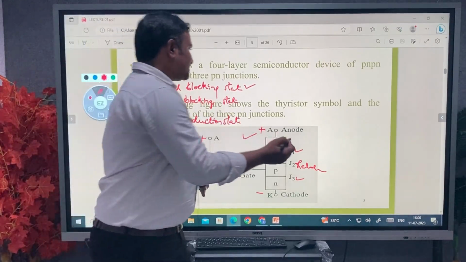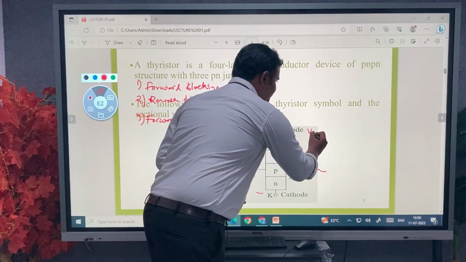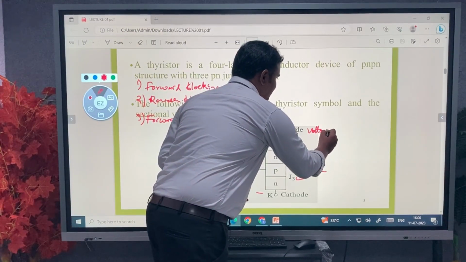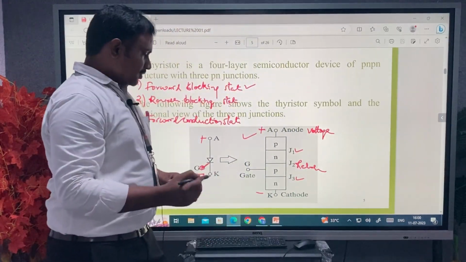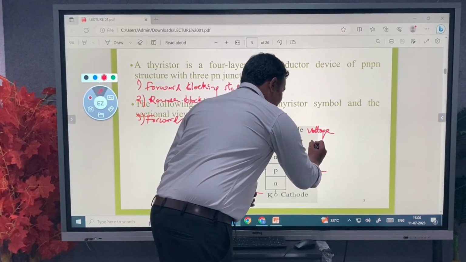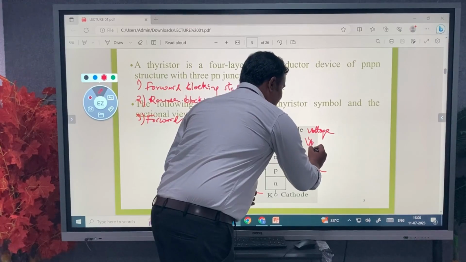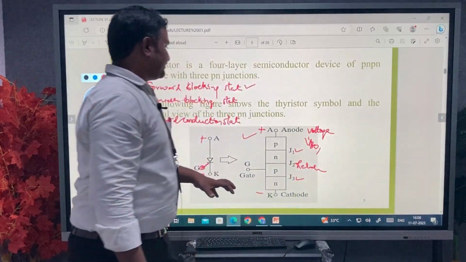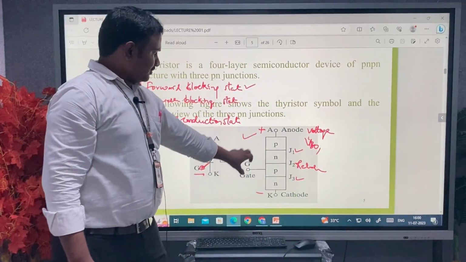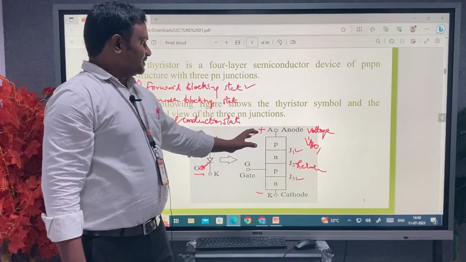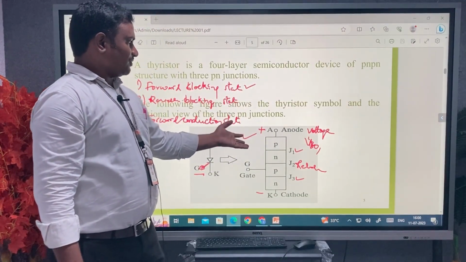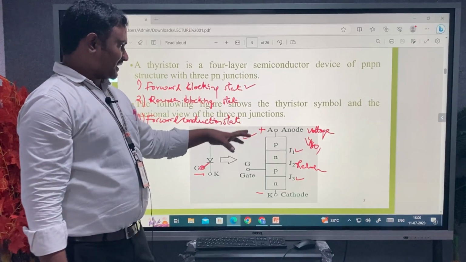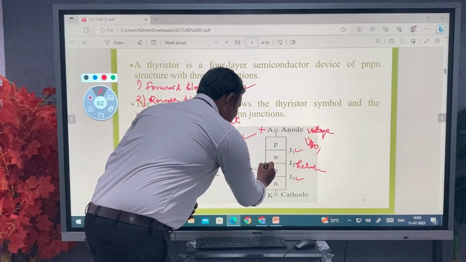If you increase the anode to cathode voltage beyond the breakover voltage, VBO, also called the breakdown voltage, then avalanche breakdown happens at junction J2.